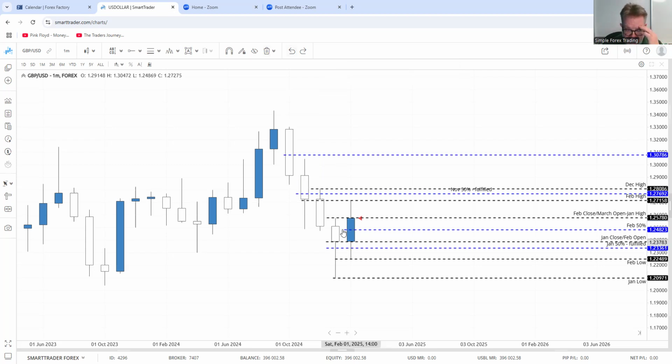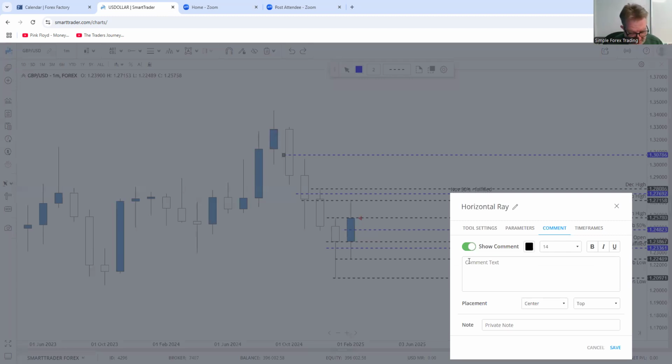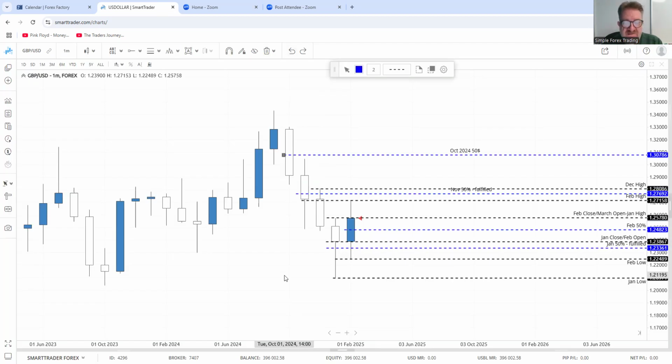So this is February, January, December, November, October. So October 2024, 50%, right? So obviously, at some point, this could be a good target. If we're above this level here, it could be a good target to trade to. There's a reason to trade it.